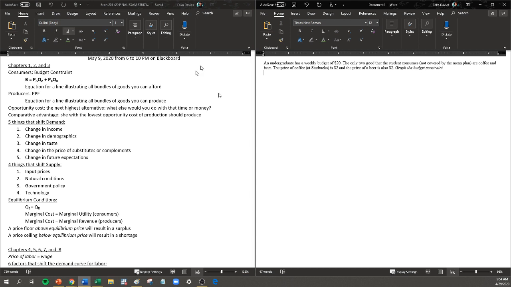So the first thing I'm going to do is take this budget constraint equation and plug in what we know. So what do we know? We know that our budget is $20. We have $20 to spend. And that $20 should be equal to the total amount we spend on beer and the total amount we spend on coffee.